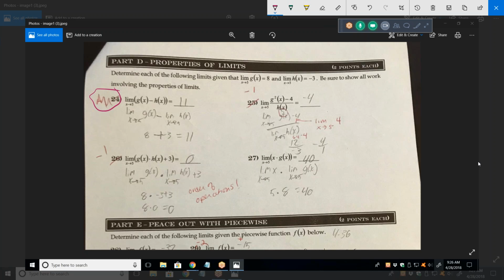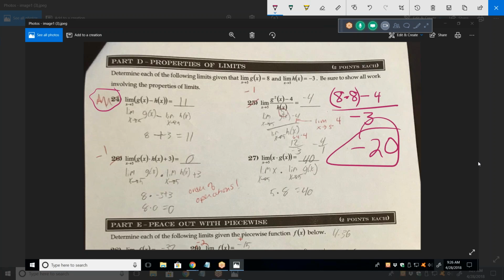Well, as x goes to 5, that's going to be 8 times 8, minus 4, divided by h of x, which is minus 3. That looks like 60 over minus 3, minus 20. So the answer is minus 20.